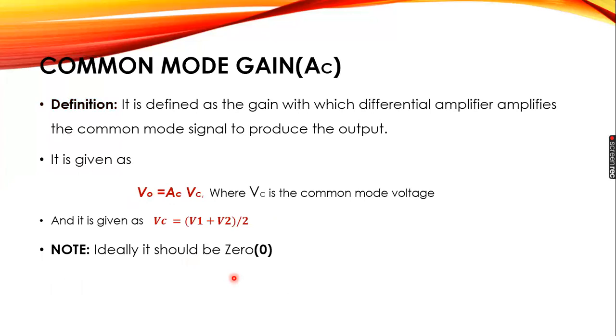The other gain is common mode gain. It is defined as the gain with which differential amplifier amplifies the common mode signal to produce the output.